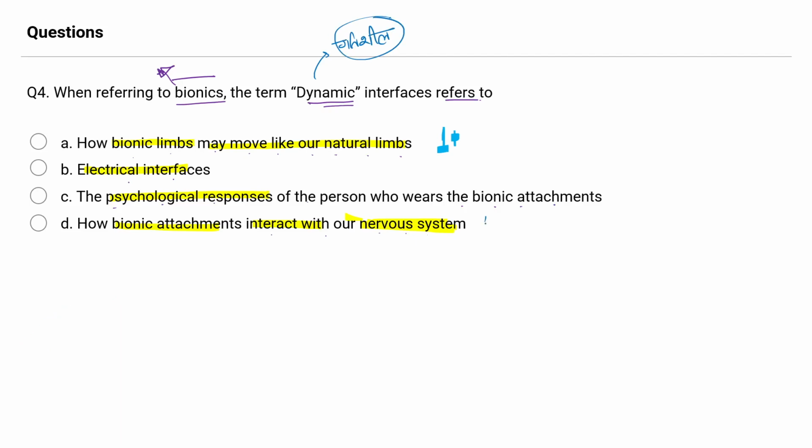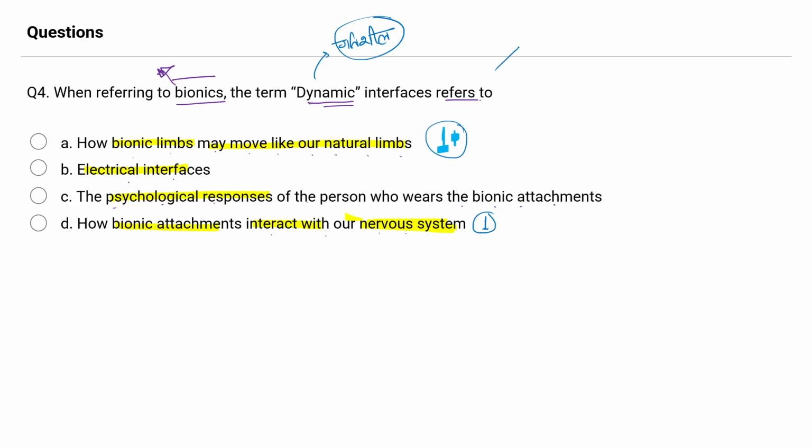Okay. Is there anyone else who wants to share their point of view? Ma'am, why do you think it is option A? Bionic limbs may move like our natural limbs. Because I had taken note when I watched the video. They said how they move like flesh and bone.